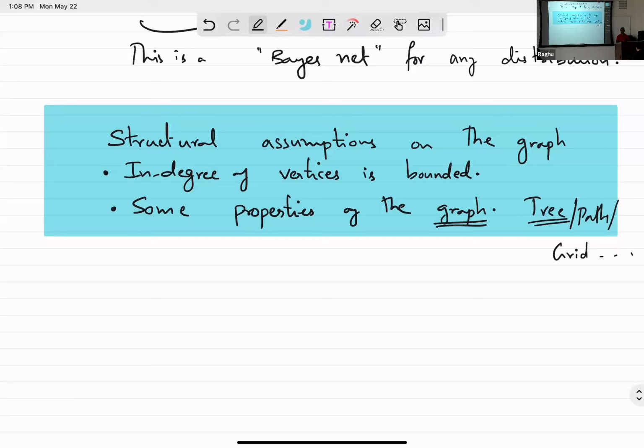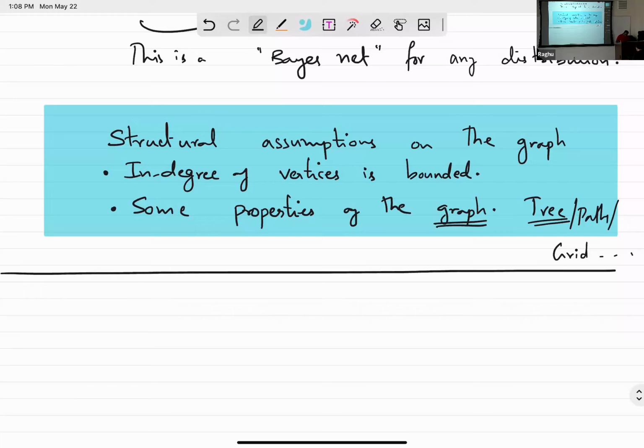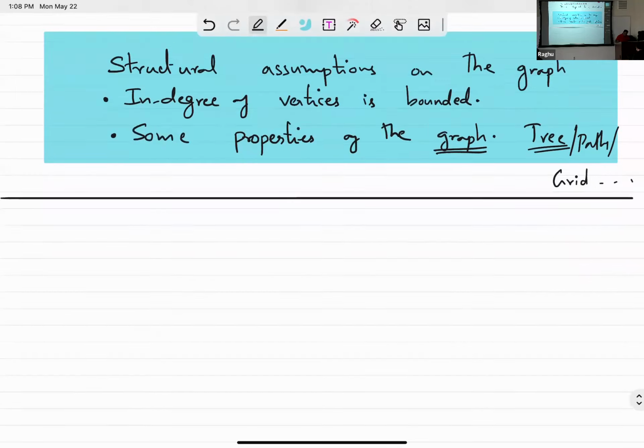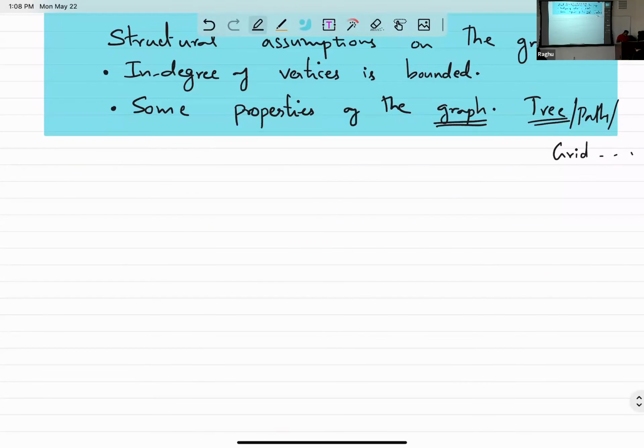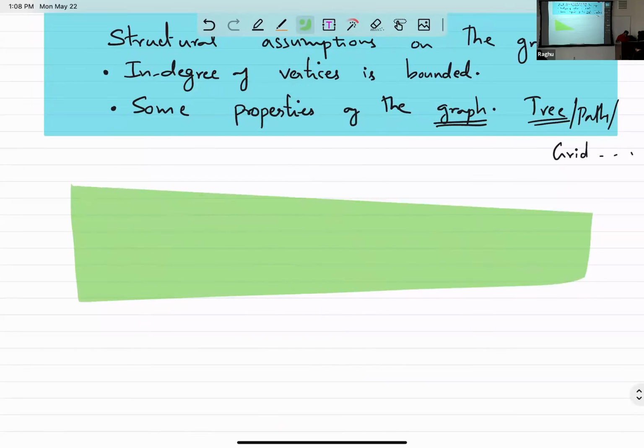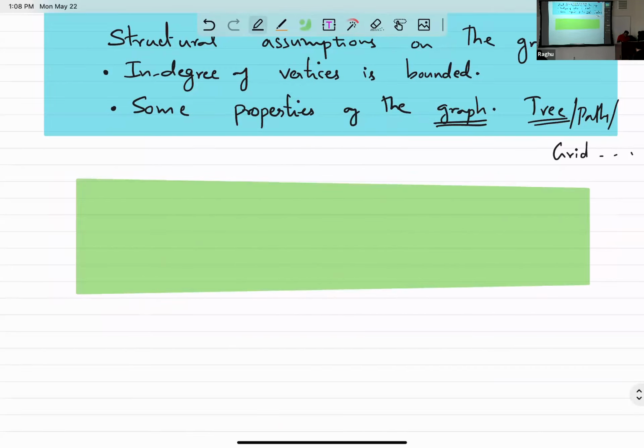And bounded degree is also sometimes helpful. Maybe the degree is just 2. Can I learn it in that case? And that's what we're going to talk about next. In particular, we'll focus on the main challenge.